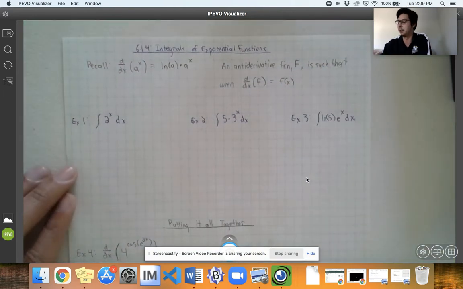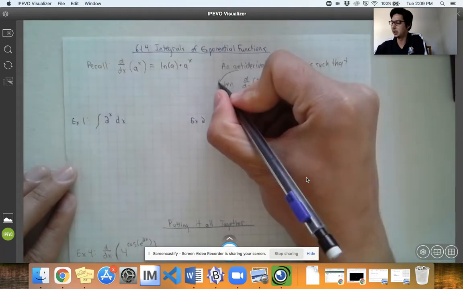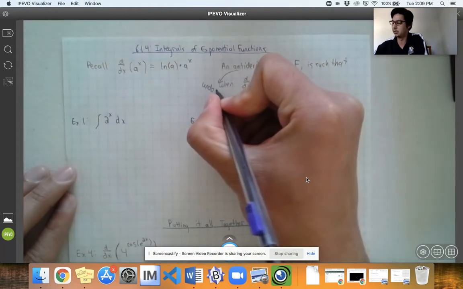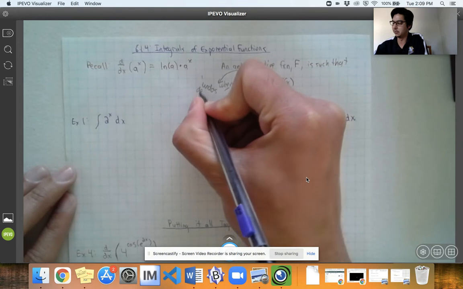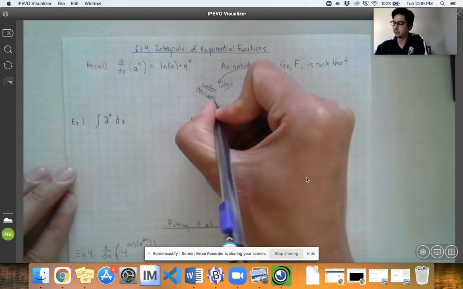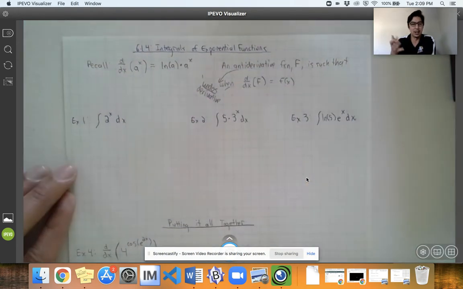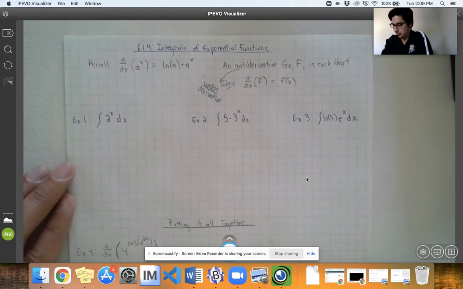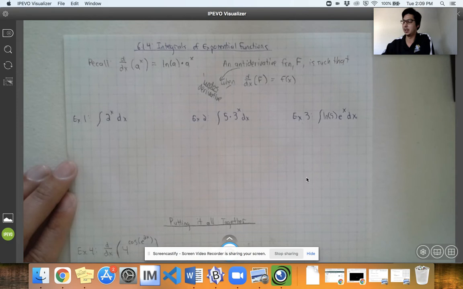You can think about it as it undoes the derivative. Anti, opposite. So as we get into these examples, we're going to be thinking about that.